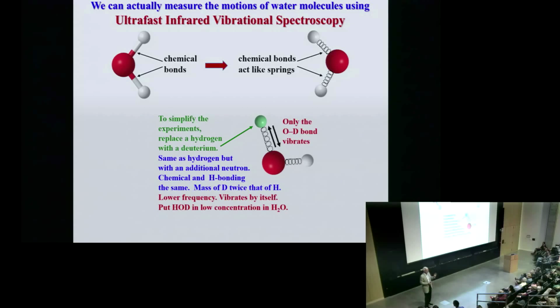It fundamentally is almost identical to hydrogen. So it doesn't change the properties of this thing, which is called HOD. It's a hydrogen, oxygen, deuterium. But it allows us to put a little bit of this in regular water and then look at this vibrational motion as a probe of dynamics. You'll see how we do this.